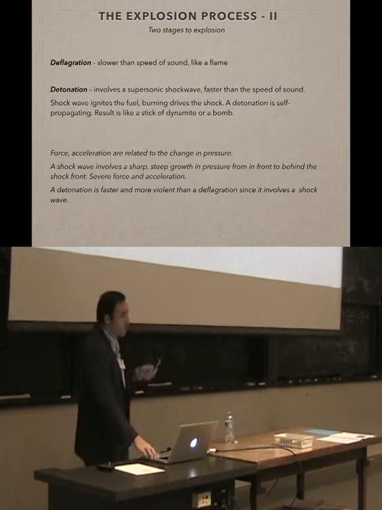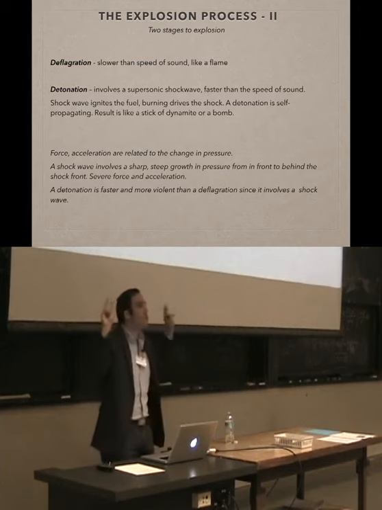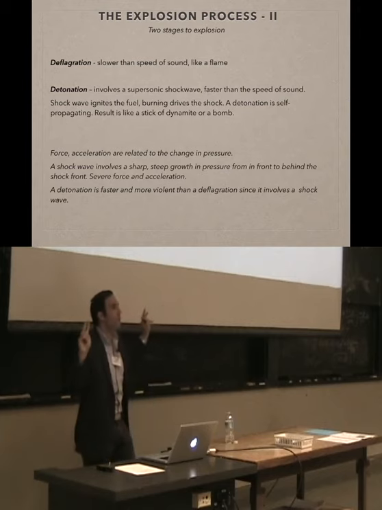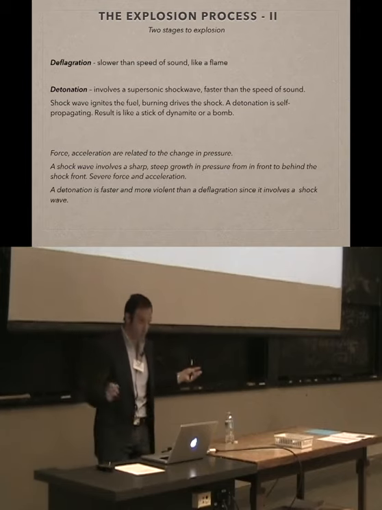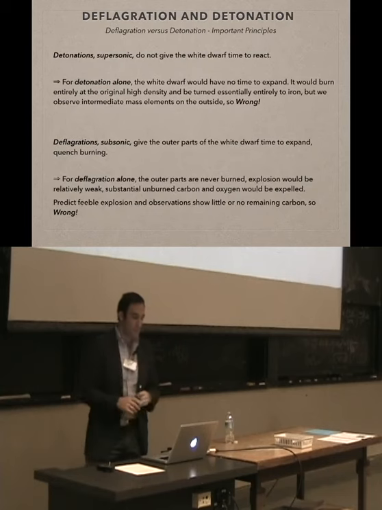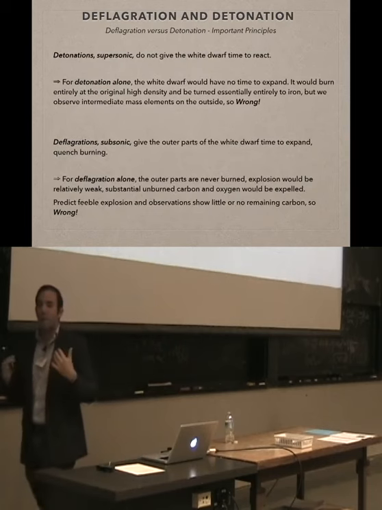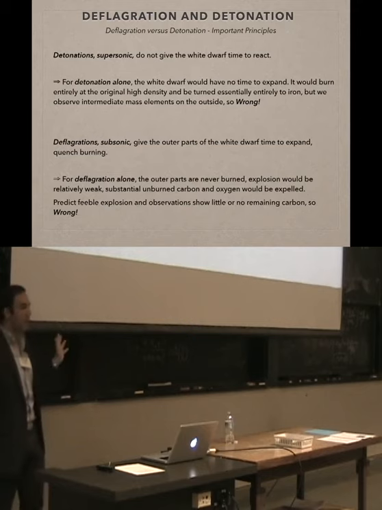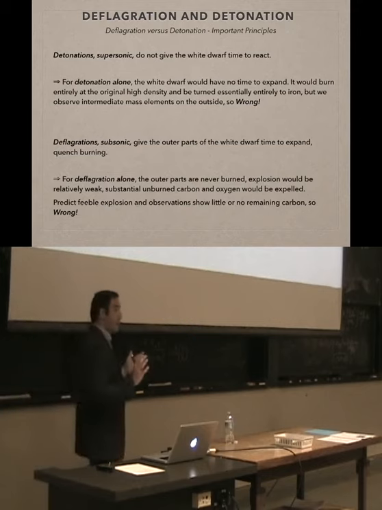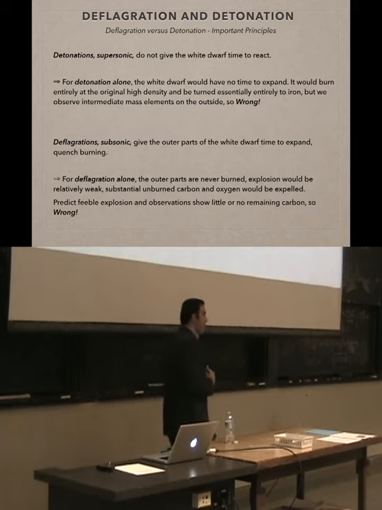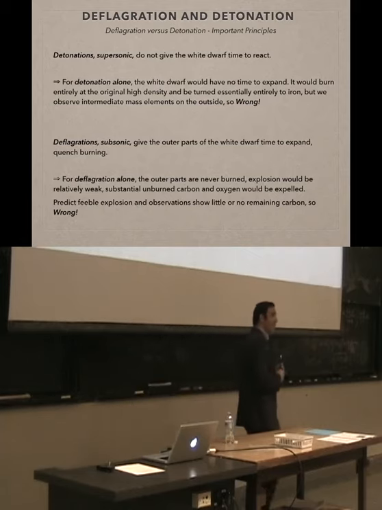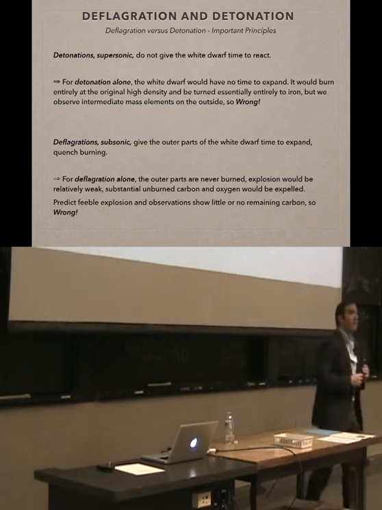Now, which one of the two explosion types that we know of applies to type 1a supernovae and carbon-oxygen white dwarfs? Well, let's think about it. Can white dwarfs just purely explode via detonation? It turns out that they can, but that's not commensurate with the observations.